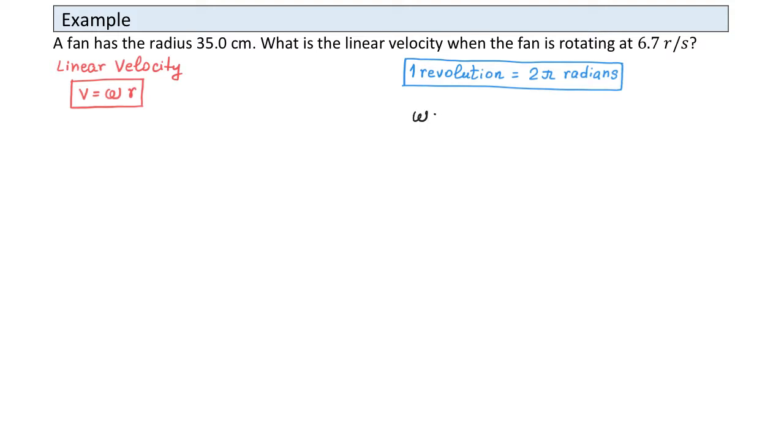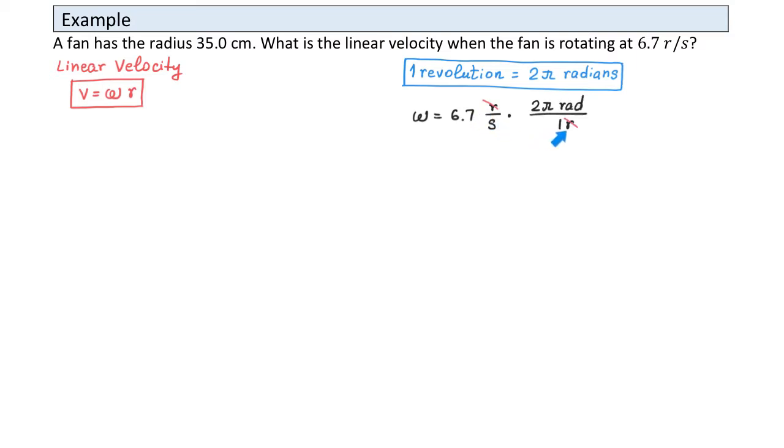Omega equals 6.7 revolutions per second. And now, using this equality, we will form a unit fraction where the numerator will be 2 pi radians and the denominator will be 1 revolution. So we will multiply this quantity by 2 pi radians over 1 revolution.